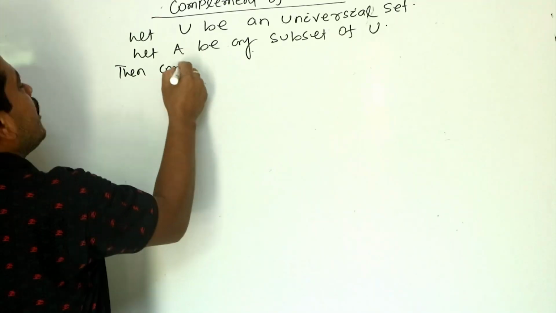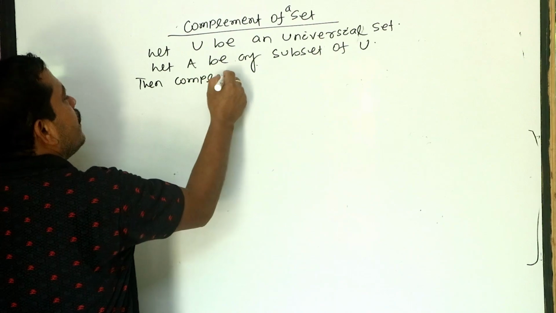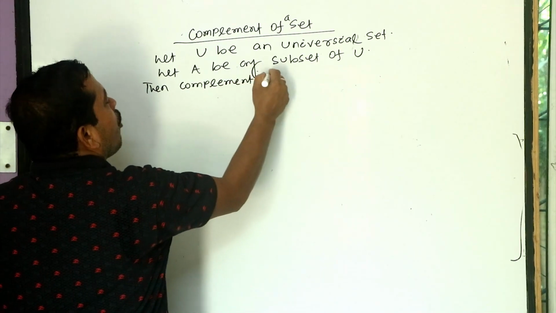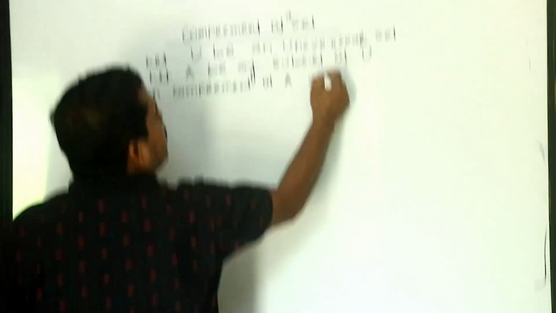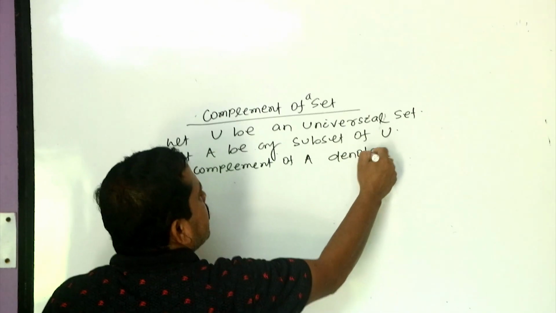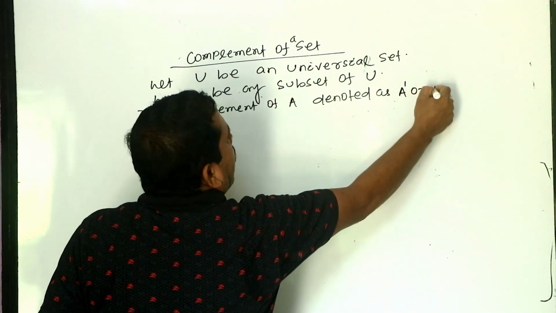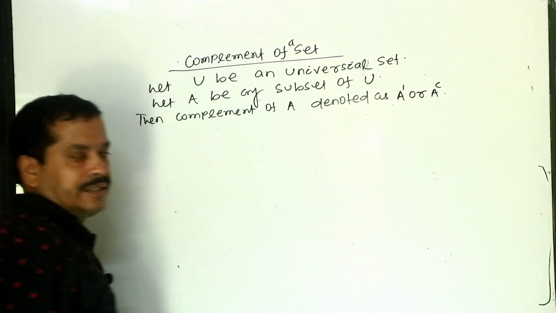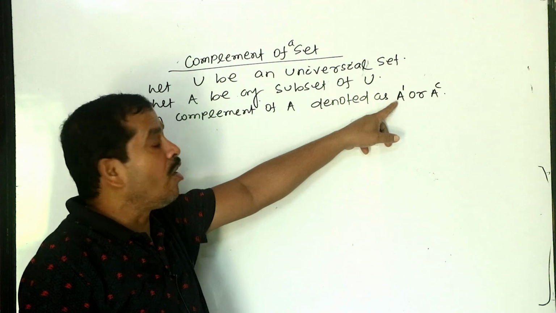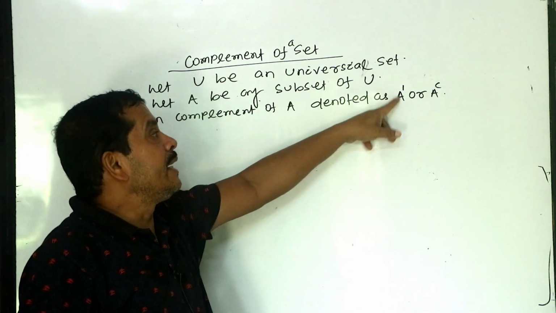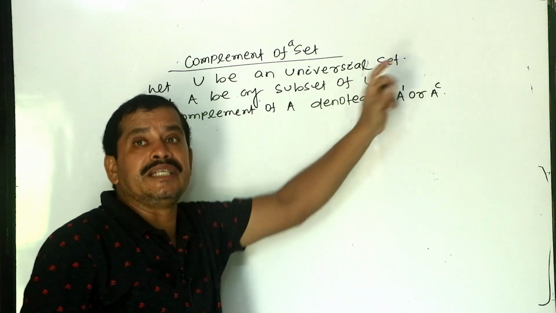Then the complement of A is denoted as A dash or A superscript c. That is the symbol for the complement of a set.